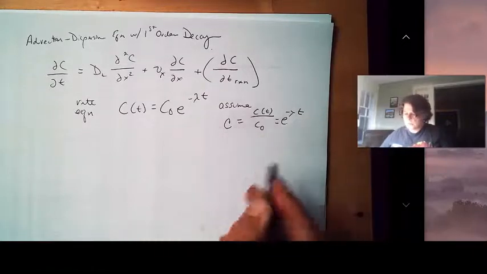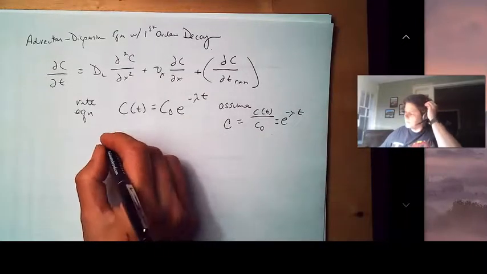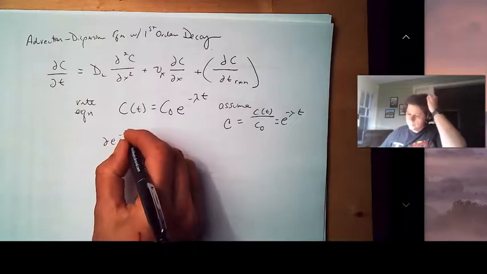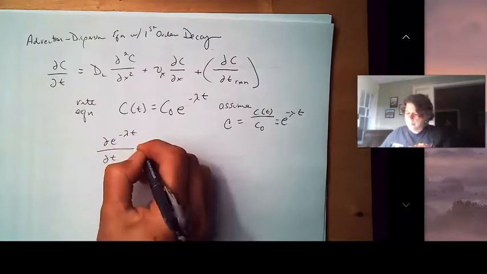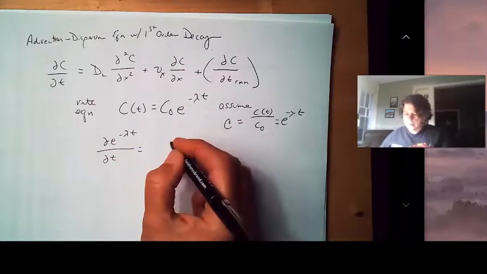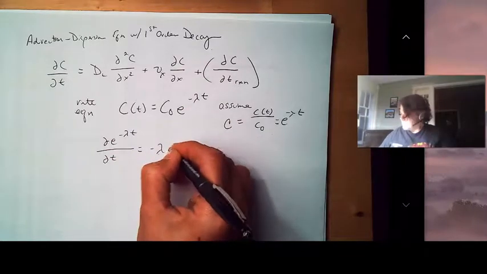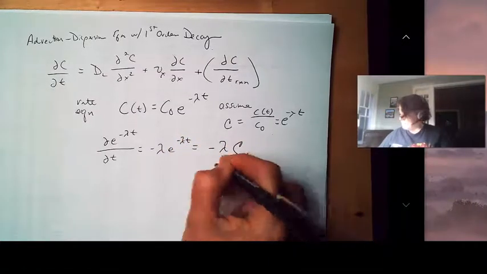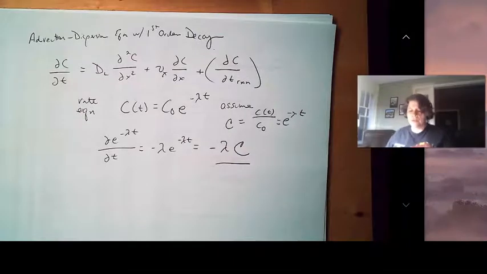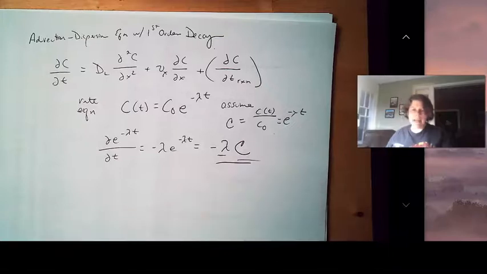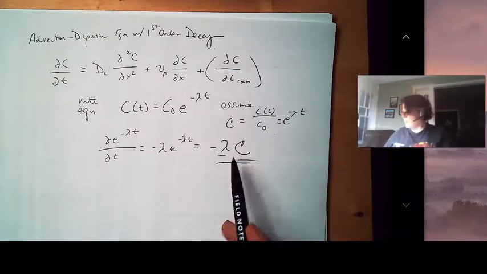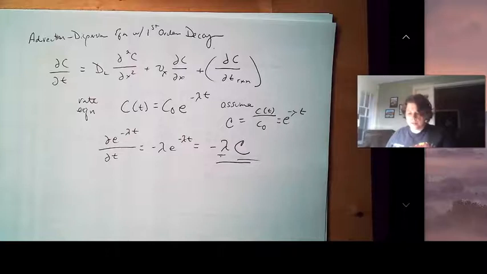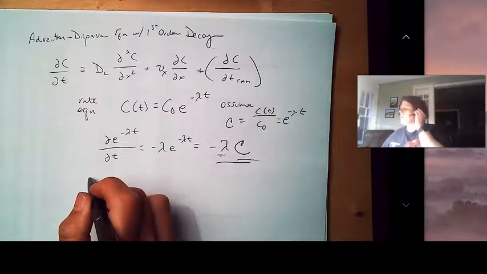And so if we assume these things, we can derive that the change in concentration with time equals negative lambda C. So that's basically it. First order decay is really easy to add to the equation, because once we know the rate constant and what the concentration was, then we know how fast it's decaying in our system. And again, going back to our breakthrough curves.